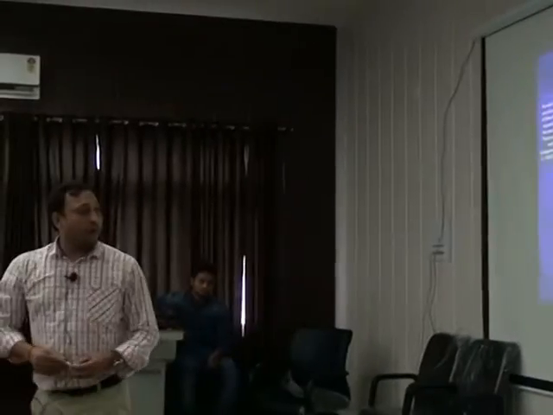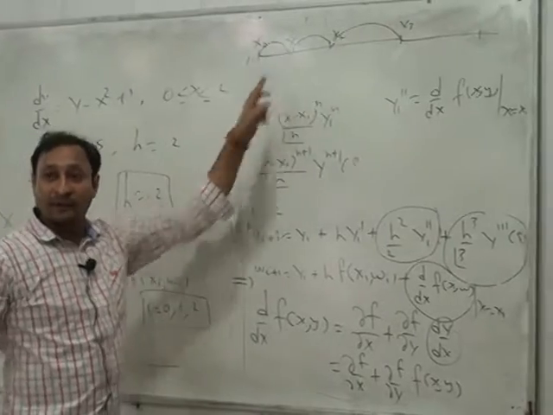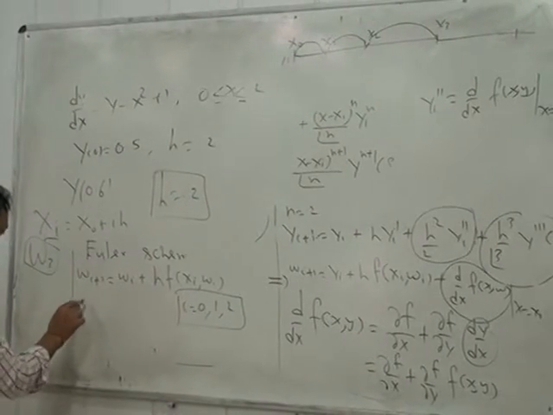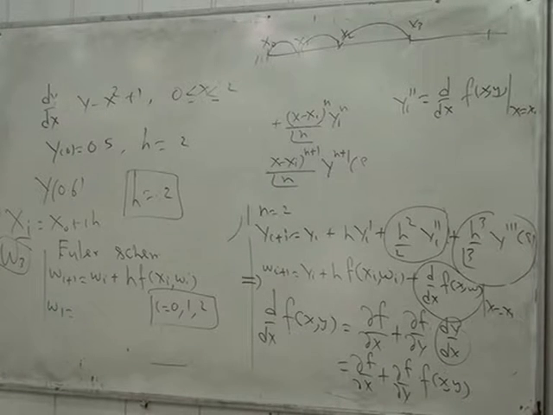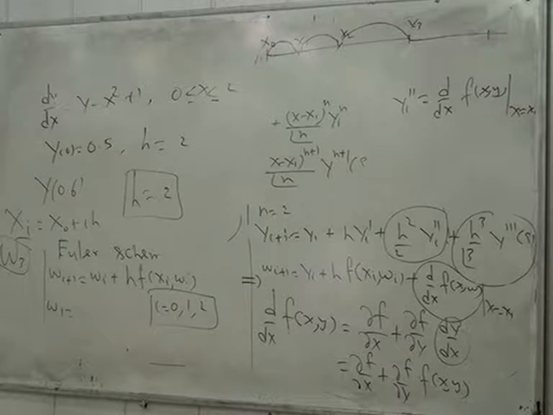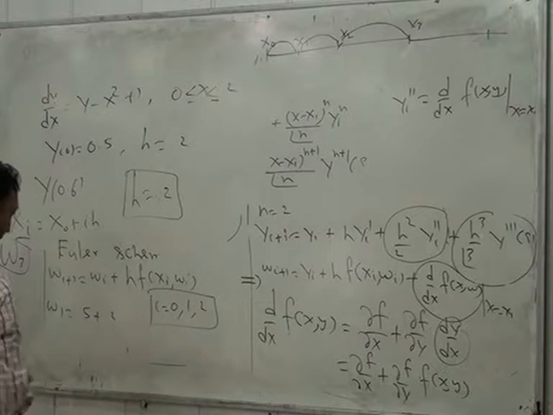So how do you find W1? W is the solution at x1. So W1 is computed from W0. W0 is 0.5, correct? H is 0.2.